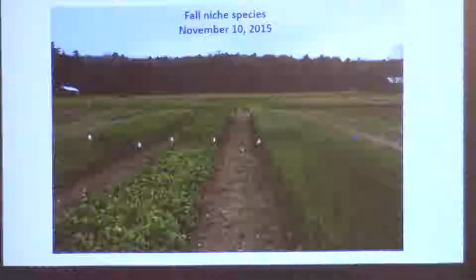You can see there's still a lot of green material there. You can see this treatment, we've harvested it at some point. So just to give you a sense of what this experiment looked like on the ground. And I should say all of this was done at the Kingman Research Farm, UNH's Kingman Research Farm.